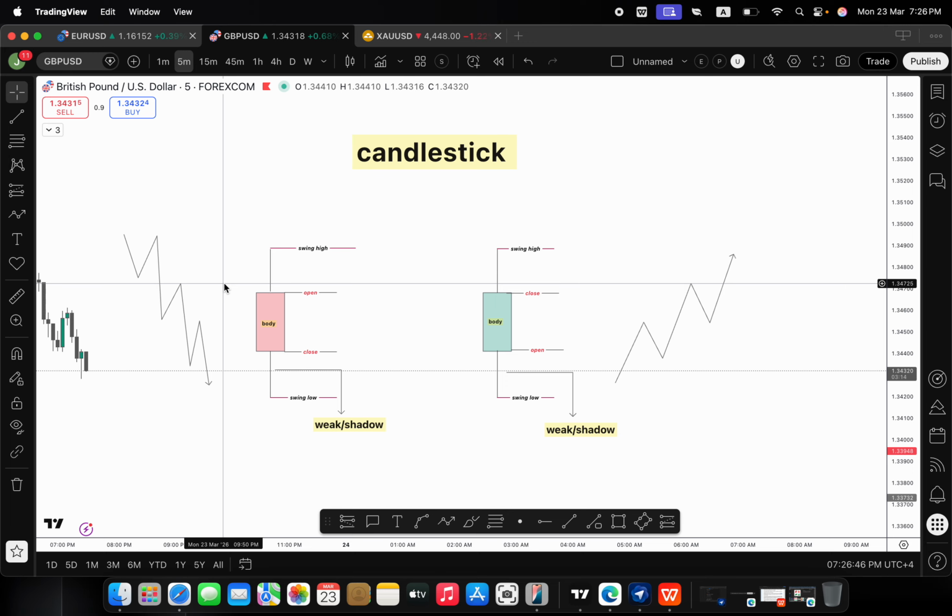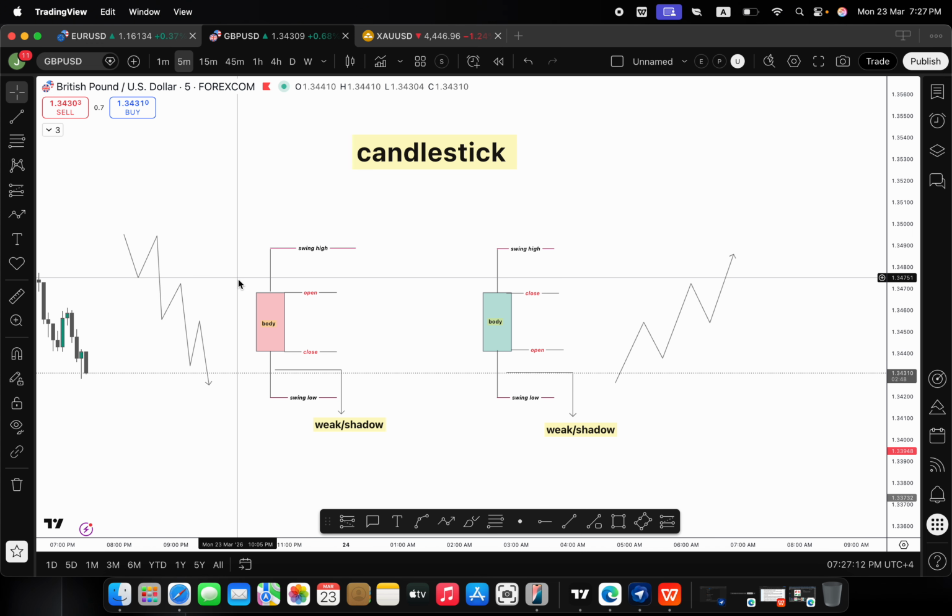So, what do you have to know on these things? The open and the close, the swing highs and the swing lows. And the swing high and swing low are all the same. It does not change for bullish, it does not change for bearish. The only thing that differs from each other is the opening and the closing.